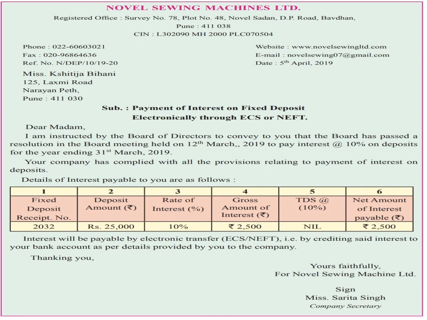So nothing has been deducted as tax, so it is nil. So the total, that is the net amount that she is getting from the company as interest, is 2,500.